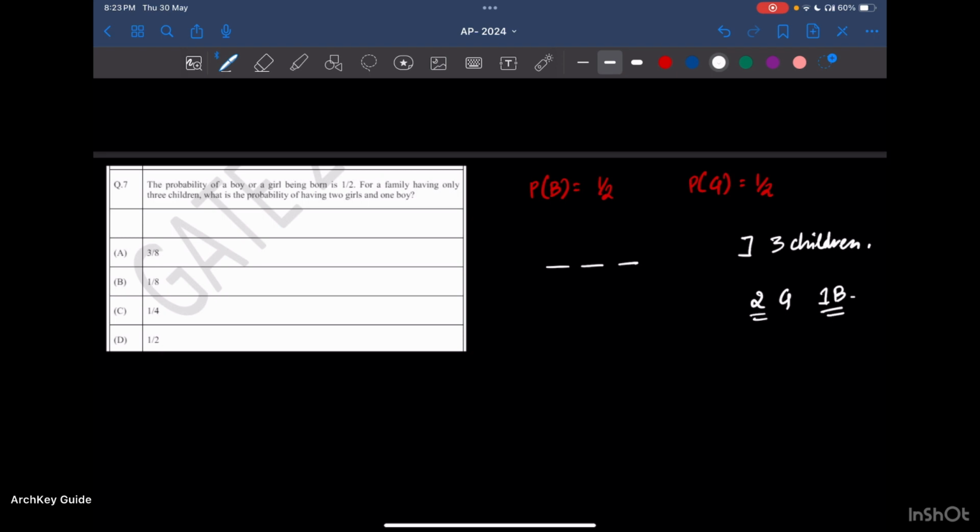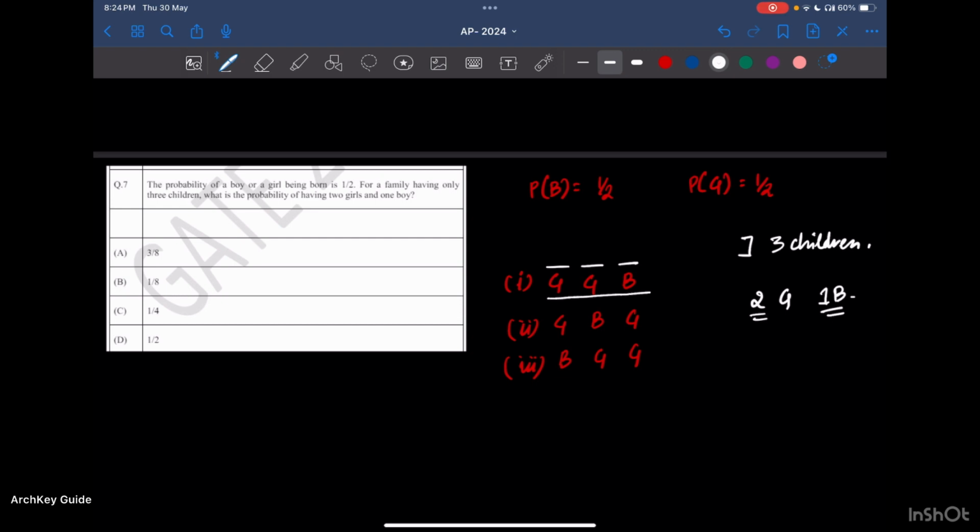Now, the important thing to notice here is the sequence. Again, it can happen that a girl is born first, second is also a girl, third is a boy, or first is a girl, then a boy, then a girl, or boy, girl, girl. How many combinations do we have now? We have three combinations. One, two, and three. Fine. So these are our probabilities. So now notice one thing.